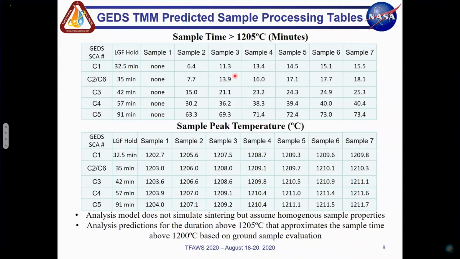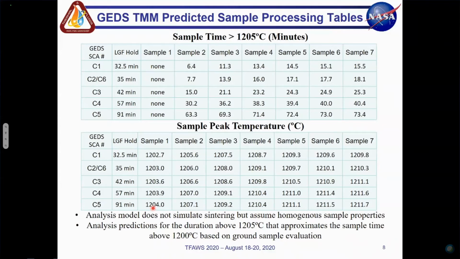So this top chart shows, based off of our predictions, how long each sample would be above 1205 degrees if we held the furnace at our hold set point. So you can see each one of the cartridges, their hold times. You'll see sample 1, it was not really predicted to go above 1205, but we'll point that out in a little bit.